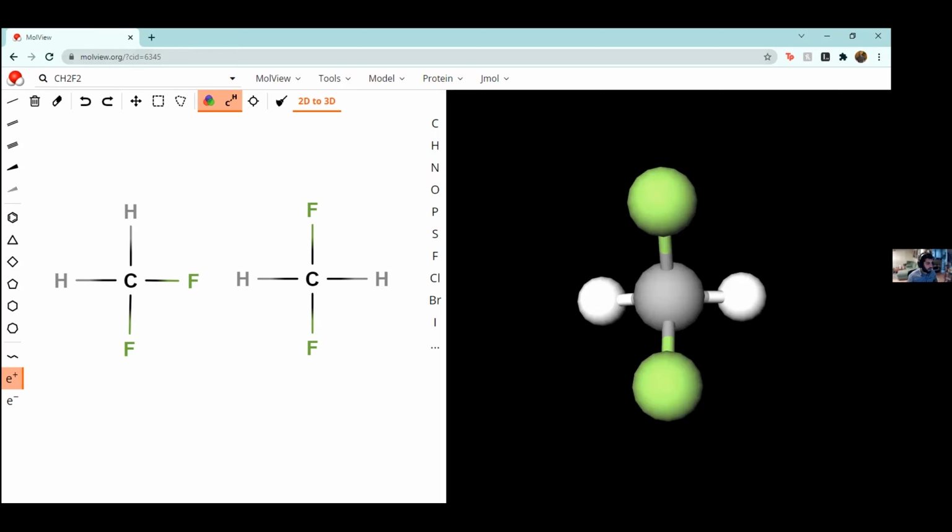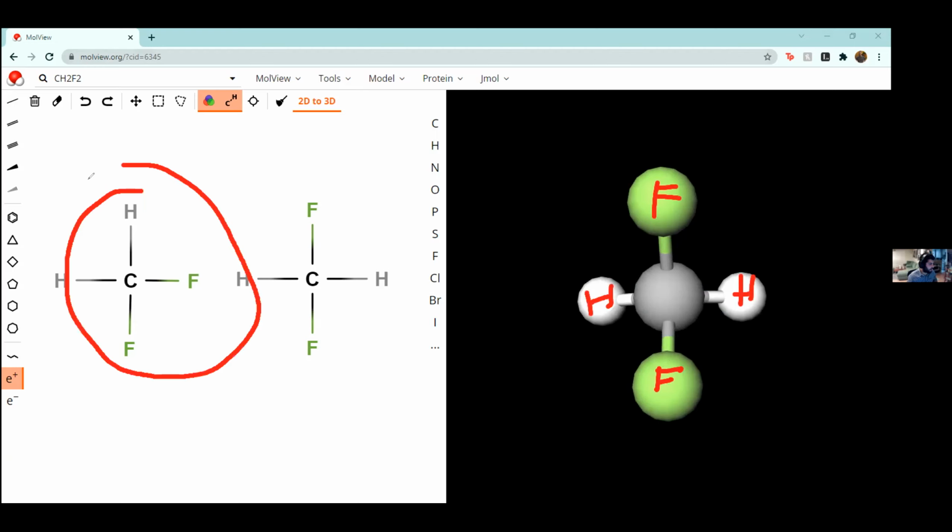So either way, whether the fluorines are on top and bottom and the hydrogens are on the left and right, or if we have it more in this diagram right here, they're both going to be polar because it's the same molecule. It's just now viewed in three dimensions. So that's something to be careful about when working on paper, whether or not our molecules are in three dimensions or two dimensions, and how that affects polarity and the dipole moments.